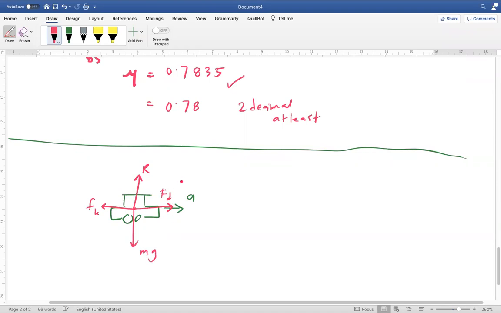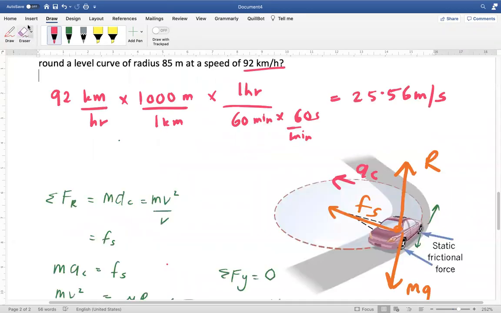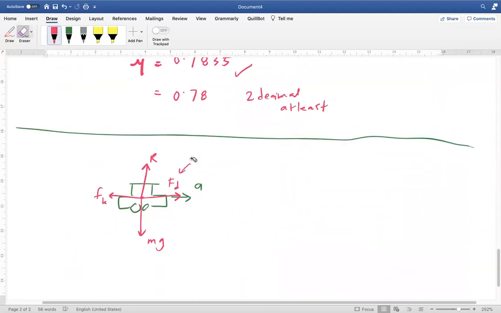FD ni given, this is me making it up. Okay, so I draw my free body diagram. My acceleration is in this direction. So the condition for Fx, which is the same direction as your acceleration, is I have acceleration to the right. So I'm going to say that to the right is positive. So my condition becomes MA.